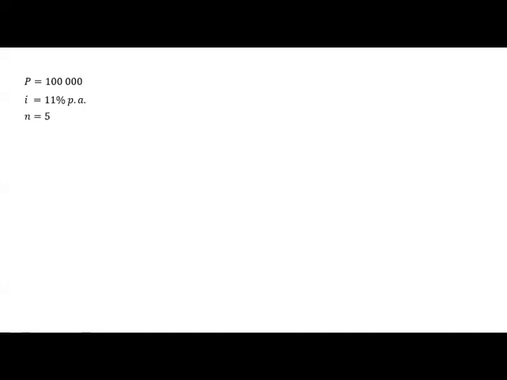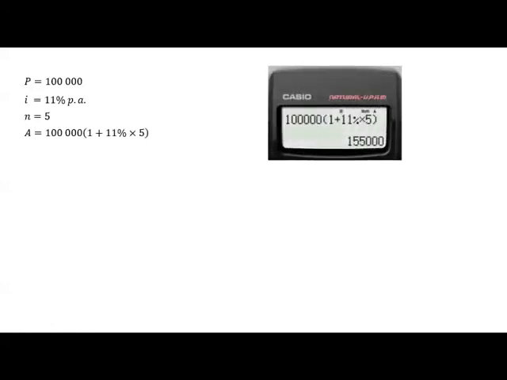So when we substitute this into the simple interest formula, where there's P we substitute 100,000, where there's i we substitute 11%, where there's n we substitute 5, which is a period of 5 years. And when you put this into your calculator, it will give you 155,000, which is the value of A. Troy, after 5 years, will be owing 155,000.